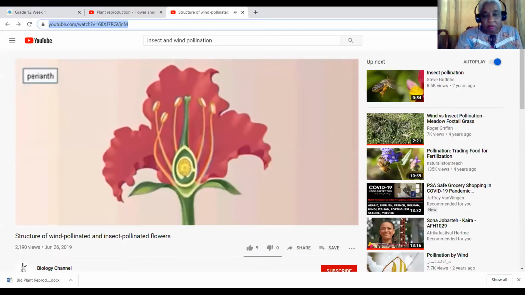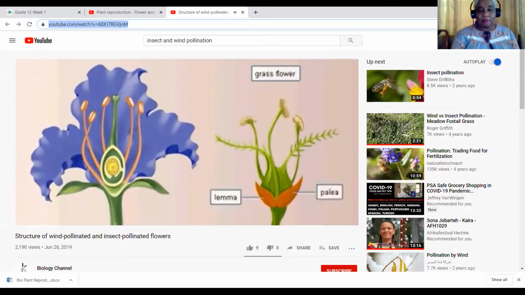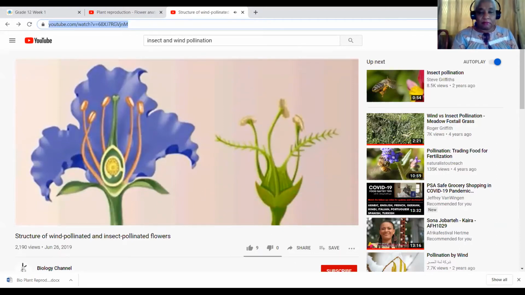At the same time, their odour and colour attract insects. In wind-pollinated plants, the perianth is made up of two scales, the palea and the lemma, that surround the pistil and stamens. Another difference between the flowers of insect and wind-pollinated plants is the presence of a pedicel. Pedicels are only found in insect-pollinated plants.